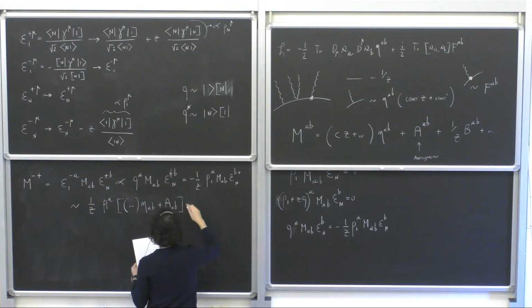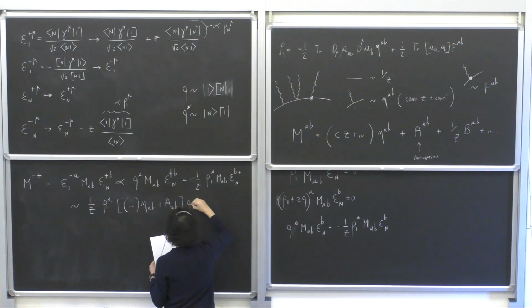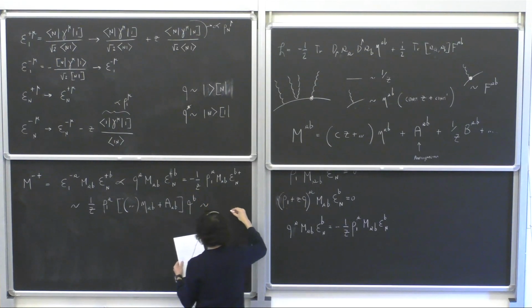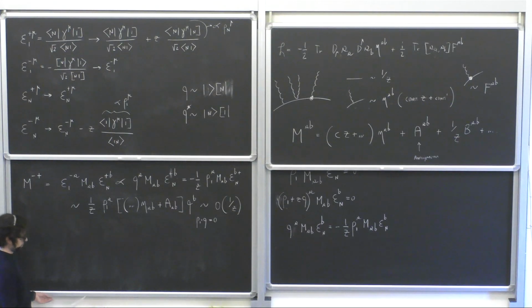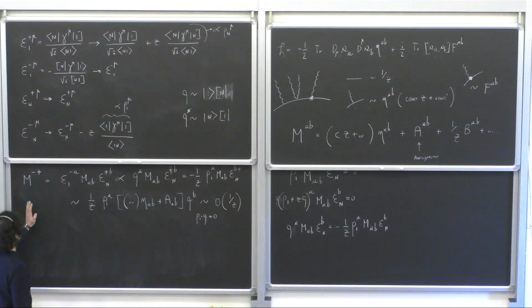The antisymmetric term would not be problematic. So we see right away that this is proportional to 1 over the complex parameter. This is the leading behavior, and here I have used simply the fact that P1, by construction, the scalar product between P1 and Q is equal to 0 with this choice. So this is a good shift. In other words, it goes off as 1 over the complex parameter for large values of the complex parameter.